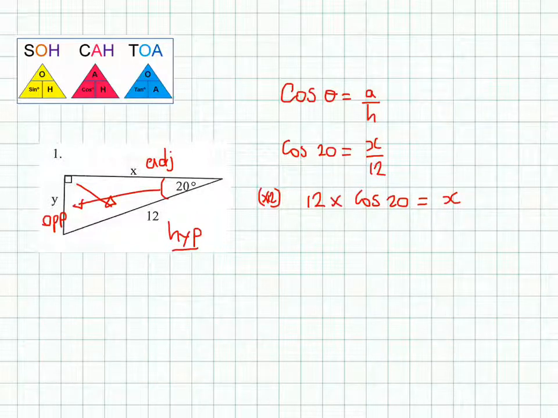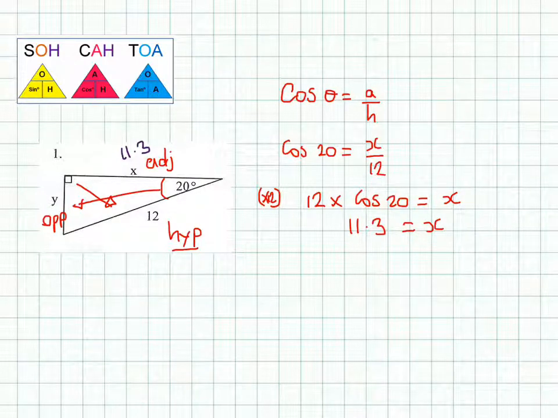Now it's a simple job of punching that in my calculator, which now gives me 11.3 as x. So now I know that my x value is 11.3. Alright, that's fantastic. Now we need to go and find y.